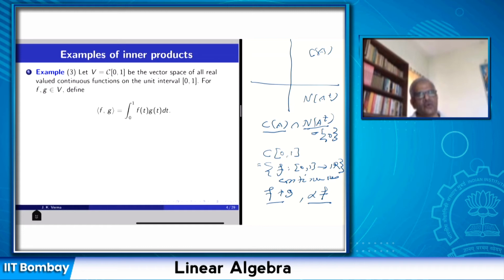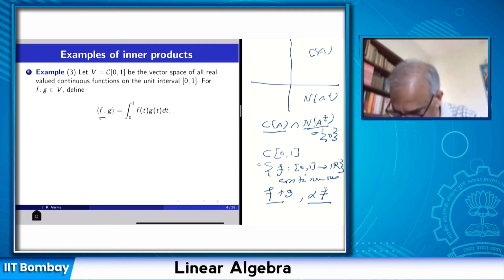There are so many functions like sine x, sine 2x, cosine 2x, exponential functions. These are all continuous functions on the closed bounded interval. So it's an infinite dimensional vector space, and in this infinite dimensional vector space, the analog of the dot product is integration.